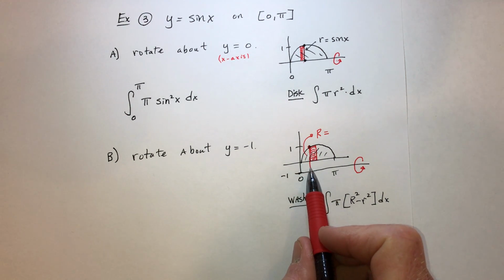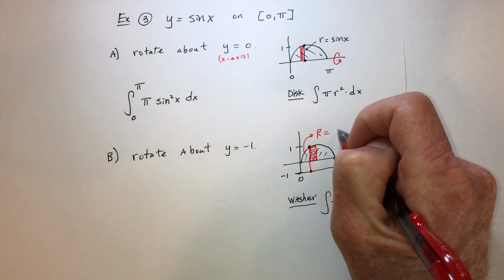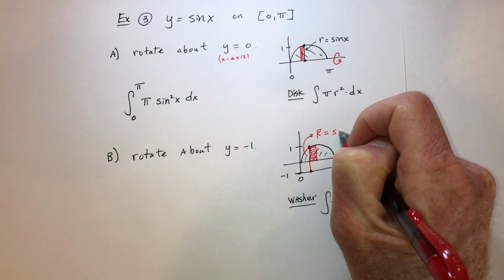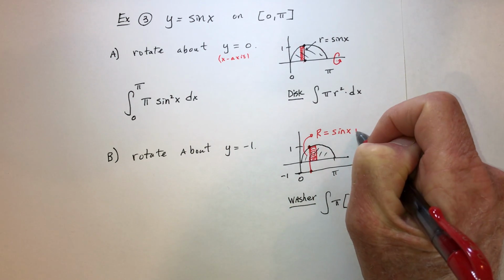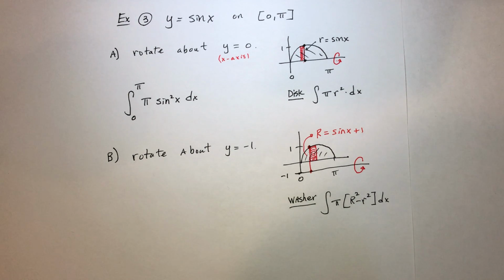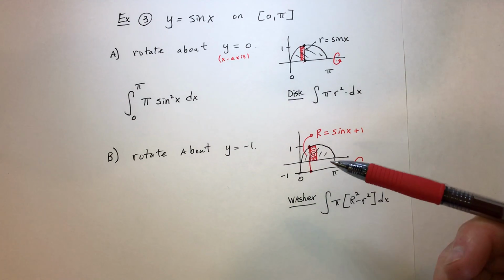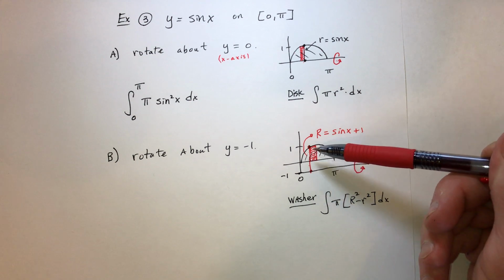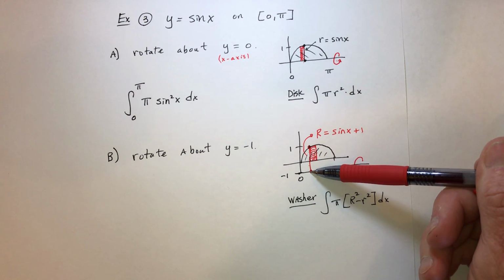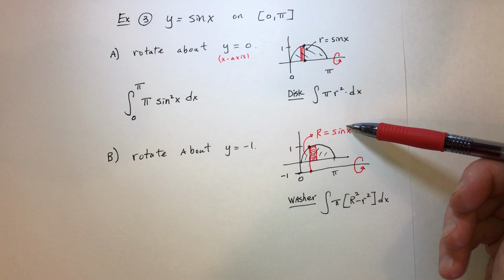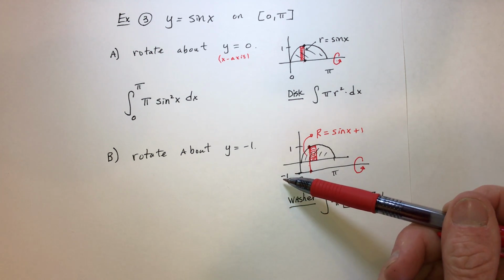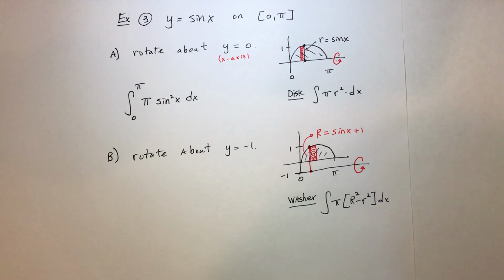Then this is a gap of an extra 1. So it's actually going to be a length of sine of x plus 1. Because we're talking about the length of this. Or the other way to look at it is, if you want to find the length of something, you take the top number minus the bottom number. So the top one would be sine, and then minus a -1 means that should be a +1.